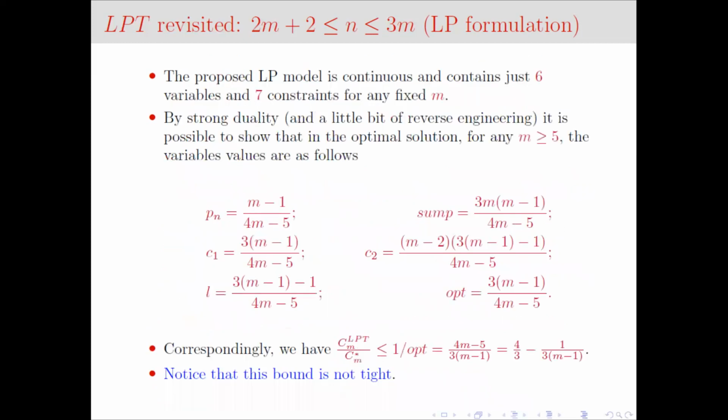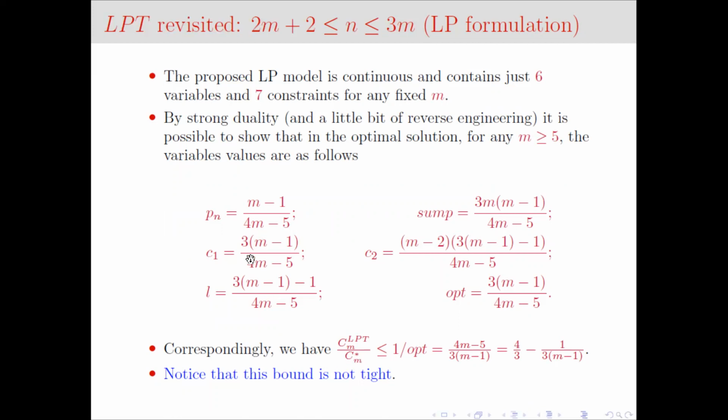If we do this, we can find the optimal solution for m equal to, say, 5, because this is related to m greater or equal than 5, for m equal to 5, 6, 7, and eventually by a little bit of reverse engineering, we managed to see that the primal solution and the dual solution were coincident.